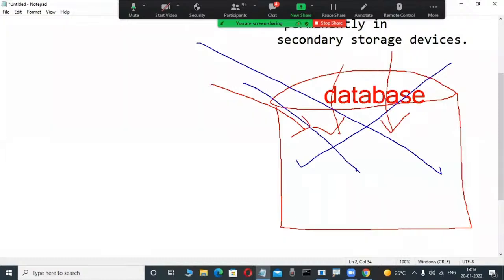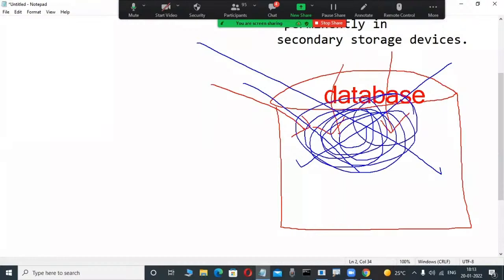Actually, databases like Oracle, SQL Server, DB2, Sybase, Informix, Ingres, and Teradata do not store a random collection of data. These databases only store a structured collection of data. That is important.